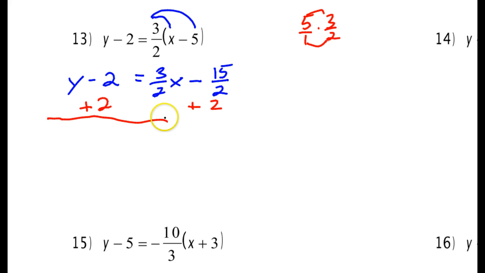There's plenty of answers that are okay with fractions. So now we have y equals 3 over 2 x. And then you have to do negative 15 over 2 plus 2, which is the same as negative 7.5 plus 2? Negative 5.5? Or 11 over 2?